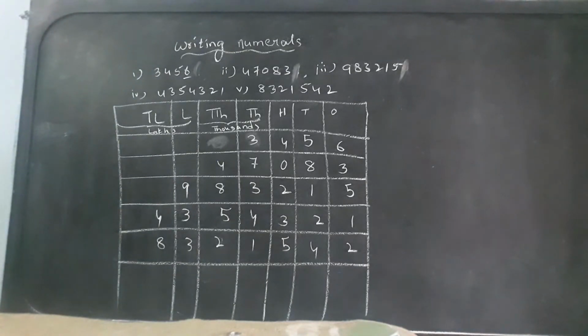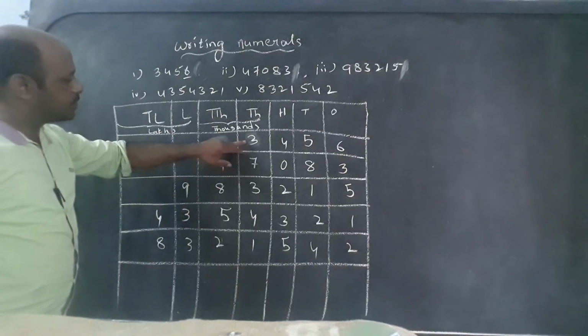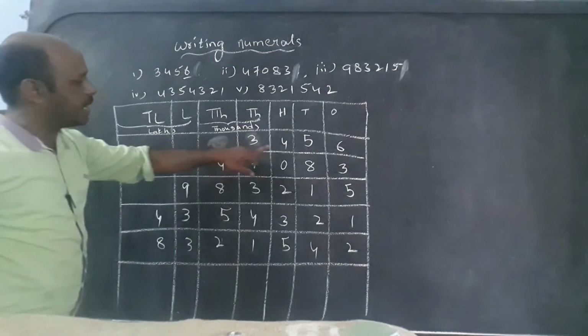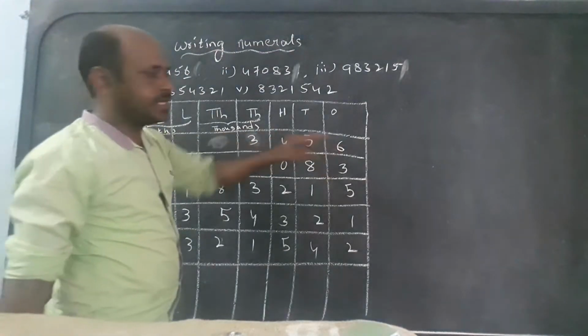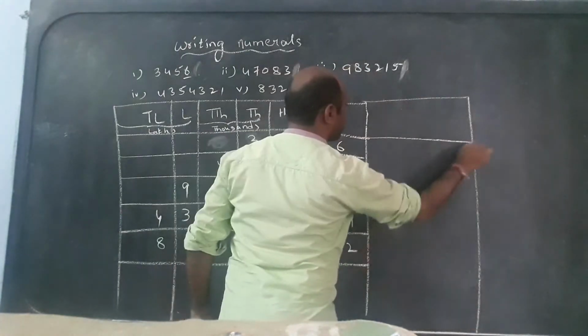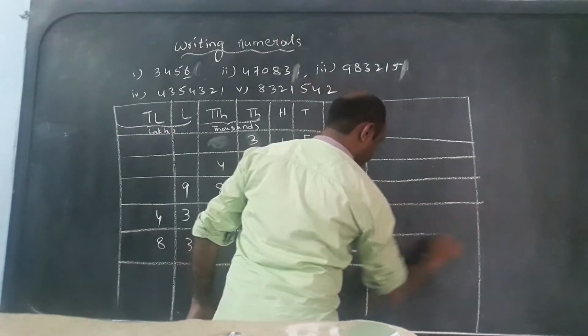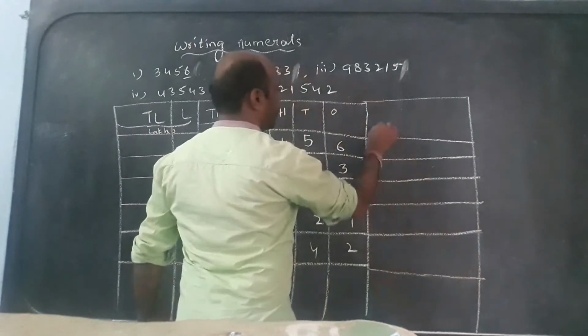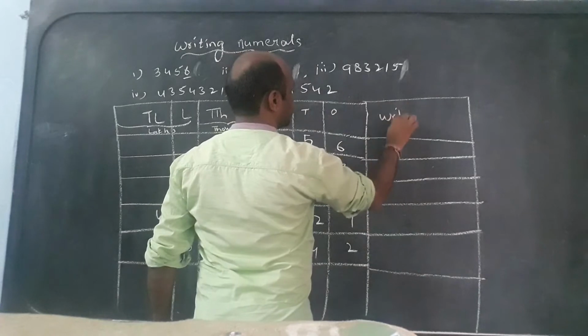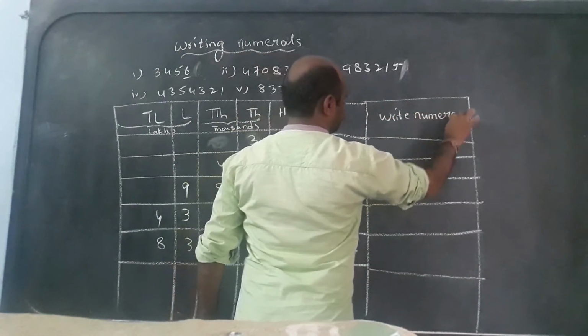Okay, now see how to read the numbers. See here, 3 is in the thousands period, it has only 3. We have to read this as 3456. How to write the numerals?